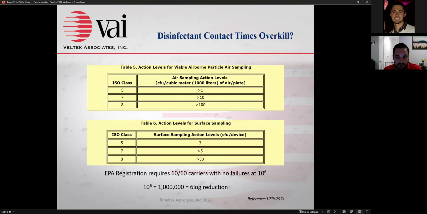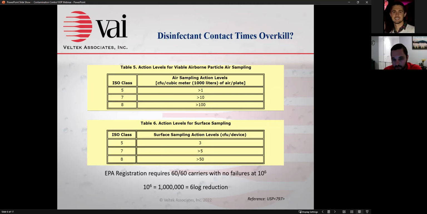And this is just a visualization of whether you have to get all the way to that disinfectant contact time for a lot of these. This is taken straight out of the new proposed 797. We have the action levels for air sampling and also the action levels for surface sampling. Surface sampling in ISO 5 and ISO 7 areas, even if you're greater than 5 CFUs, you have some actions that you need to take.